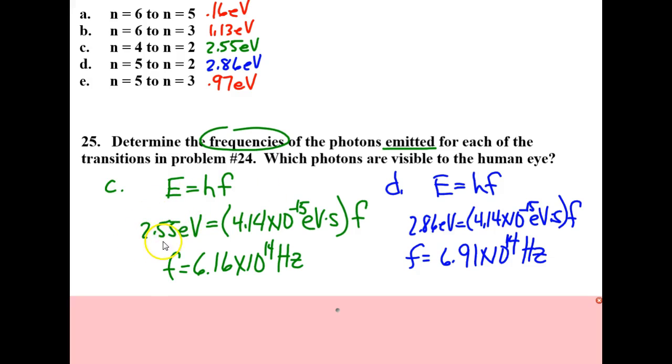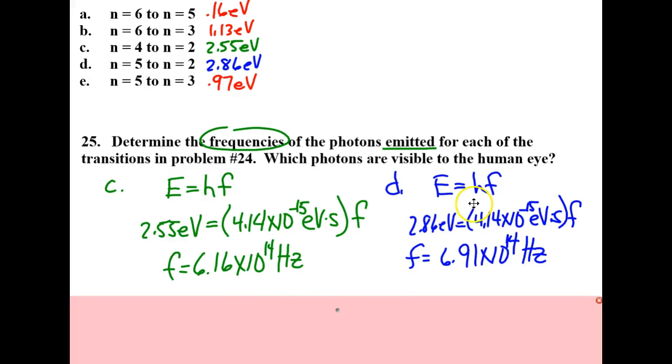But the 2.55 equals 4.14 times 10 to the negative 15 times f. Solve for f: 6.16 times 10 to the 14 hertz. You look that up on the reference table, and that falls in the green spectrum and closer to blue. That's why that's the blue-green line in the Balmer series that we've been doing in the lab.